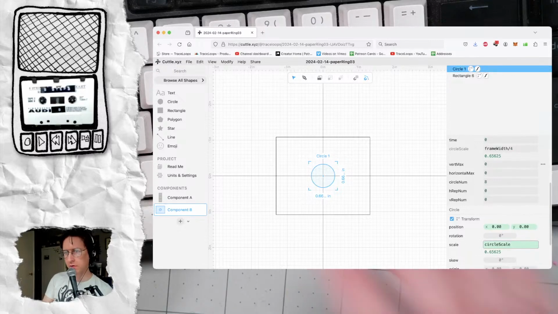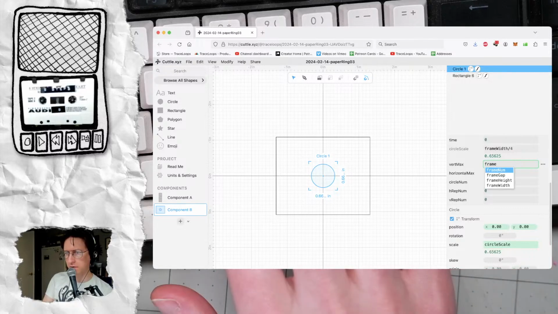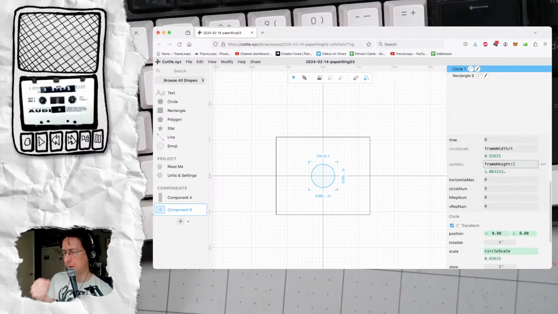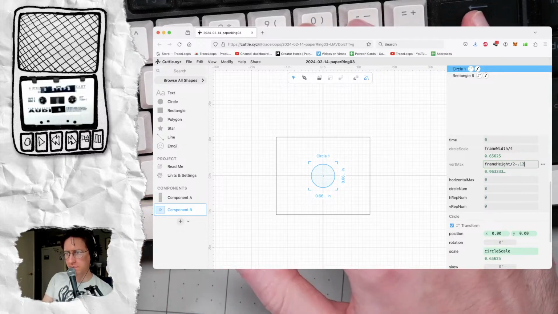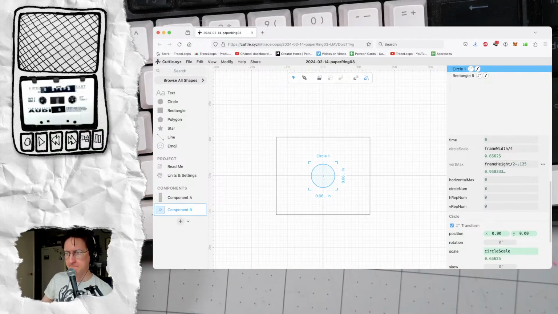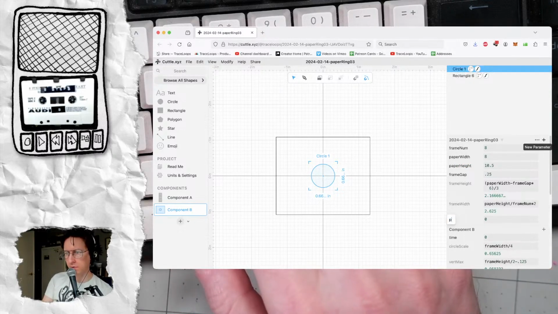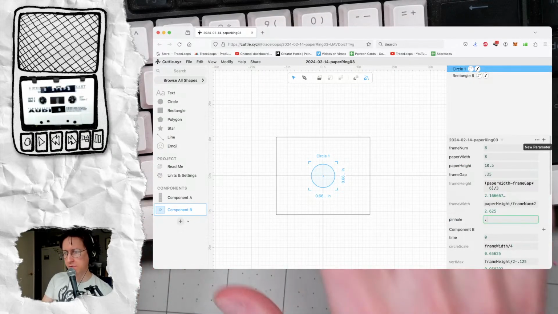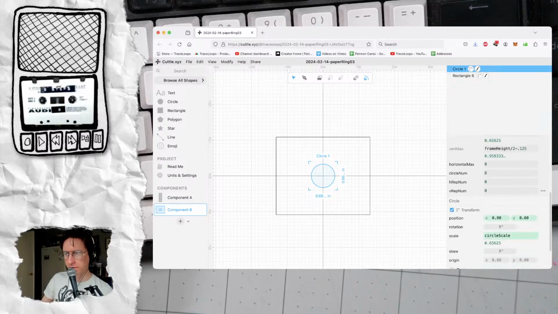Vert max is going to be frame height divided by 2 minus 0.125. I'm also going to throw in pinhole 0.085. That's just something that I use as like a holder for stuff.